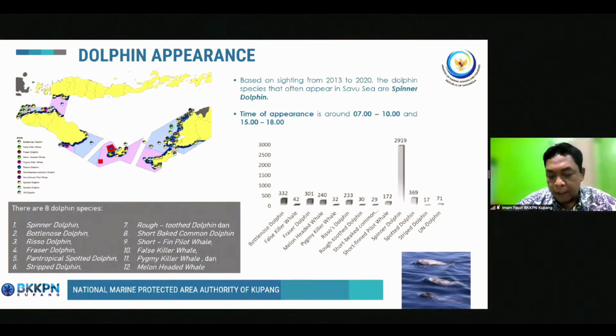Now these are the species of dolphins that we've noticed from 2013 to 2020. The most sightings we've seen are of the spinner dolphin, and it occurs around 7 to 10 a.m. and around 3 to 6 p.m. And then there are 12 species of dolphins.